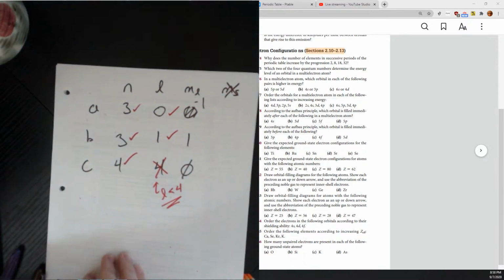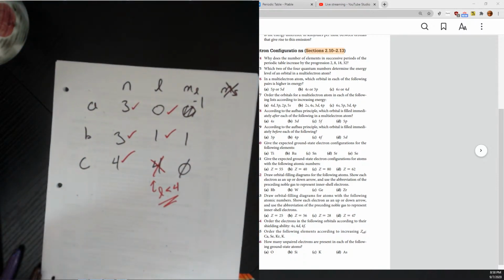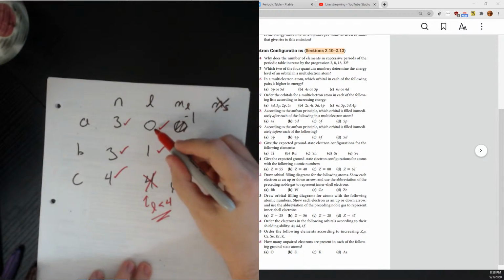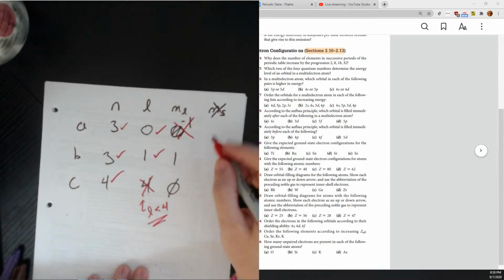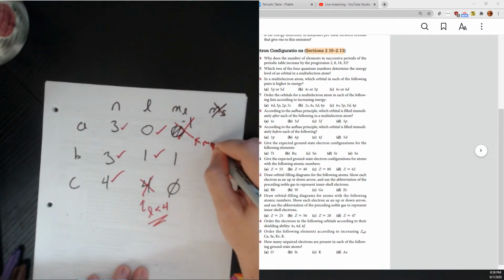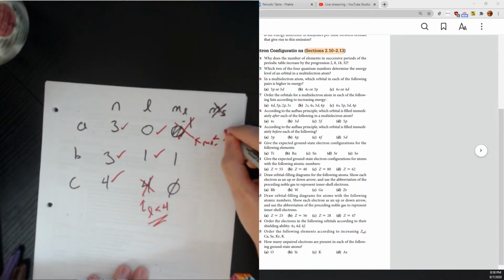All right. Now m sub l can be any value from -l to +l, which means that if l is equal to 0, m sub l can only be equal to 0. So this one is out. The m sub l has to be less than or equal to the absolute value of l. That's one way of putting it.